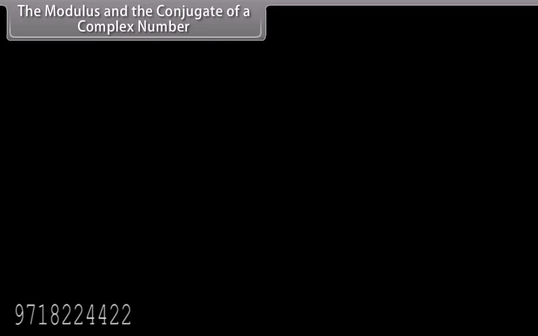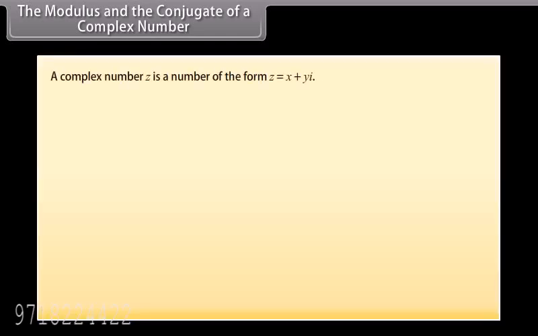The modulus and the conjugate of a complex number. A complex number z is a number of the form z is equal to x plus y iota. Its conjugate z bar is a number of the form z bar is equal to x minus y iota.